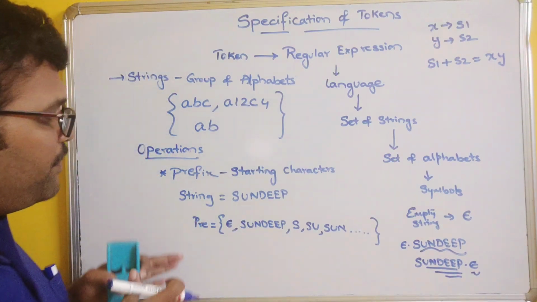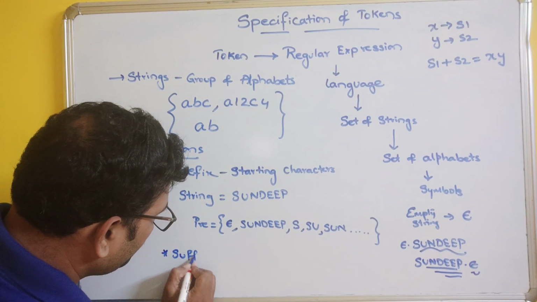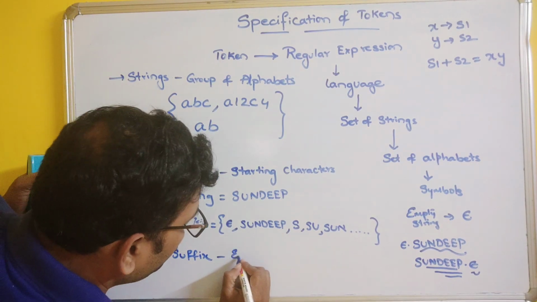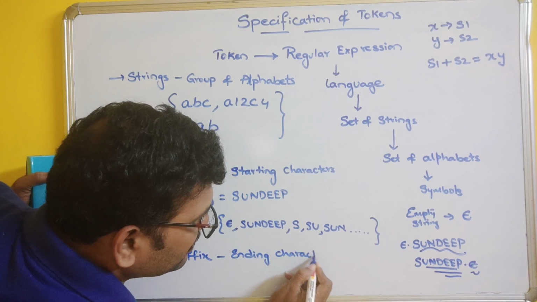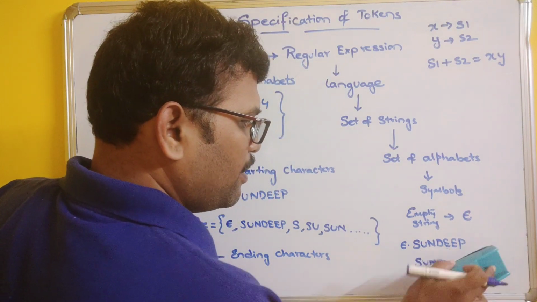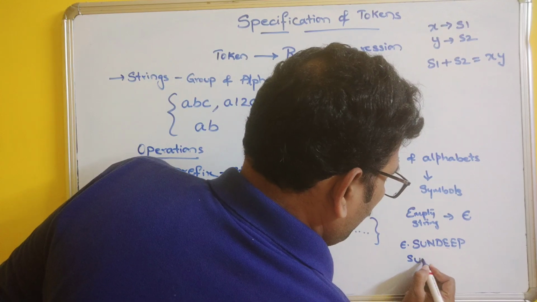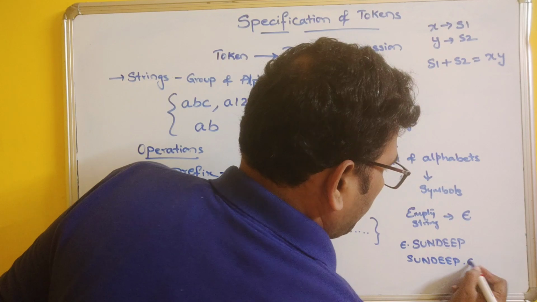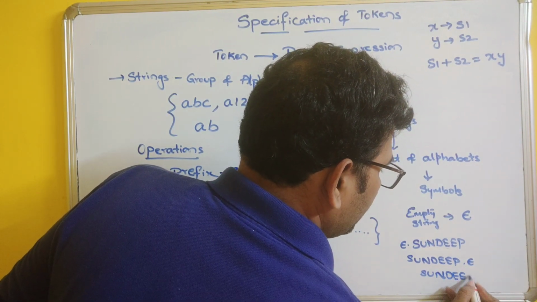Similar to prefix, there is one more operation called suffix. Quite the opposite. That means ending characters. For example, if you consider the same thing, let it be the string.